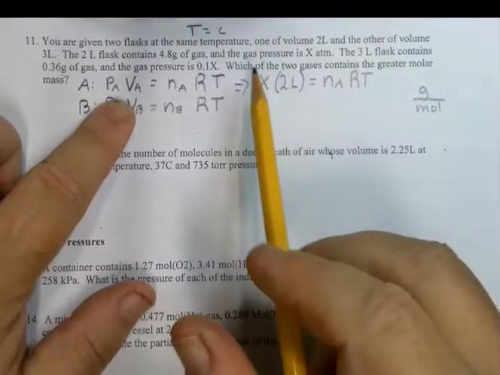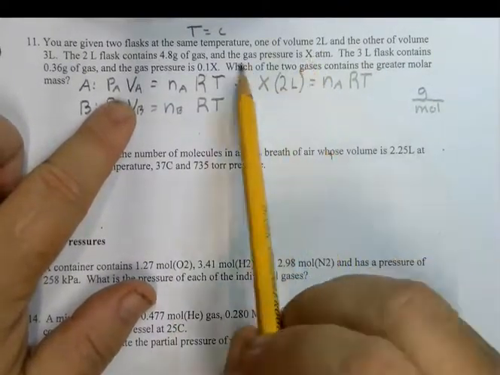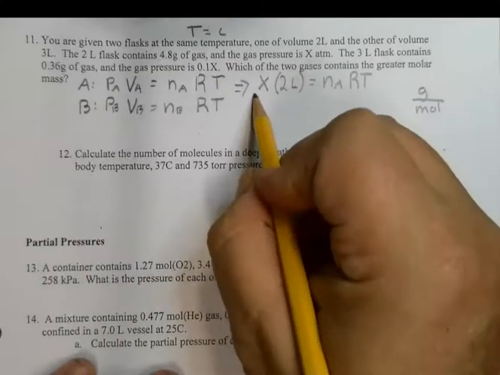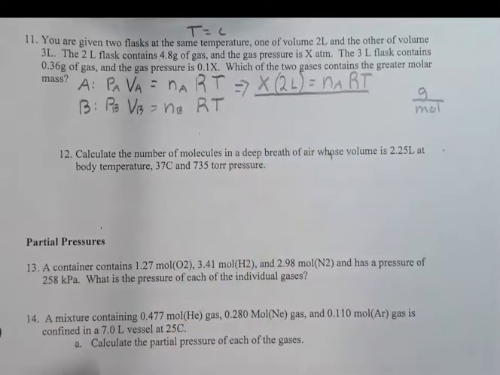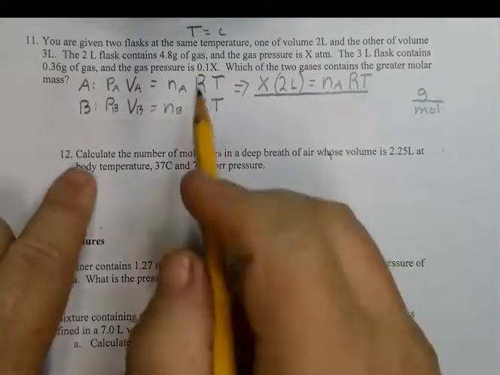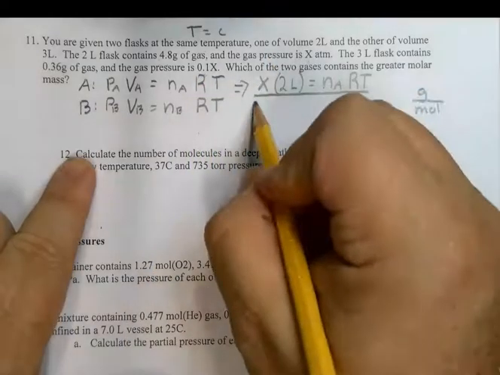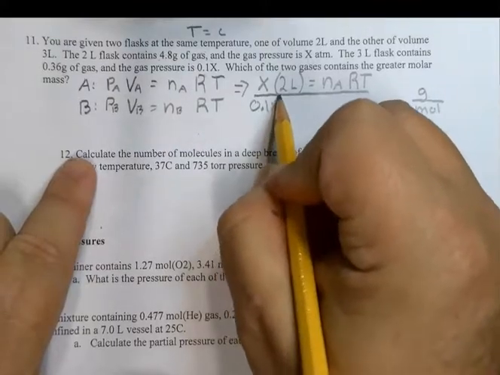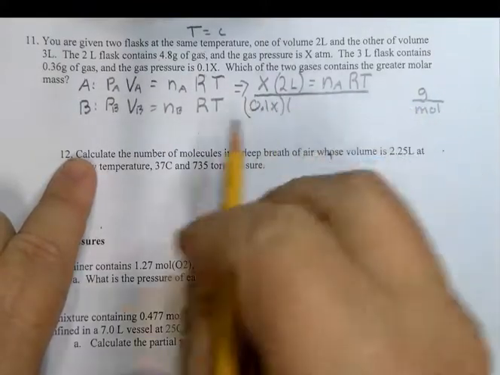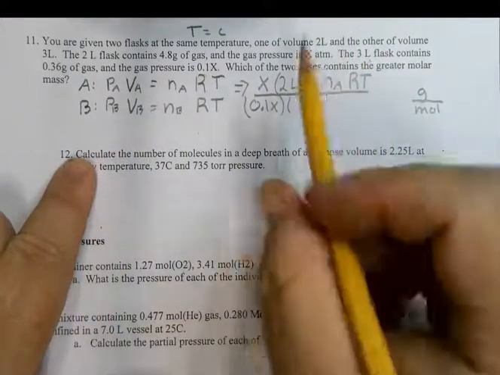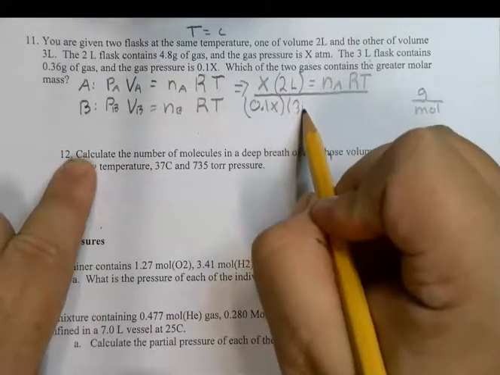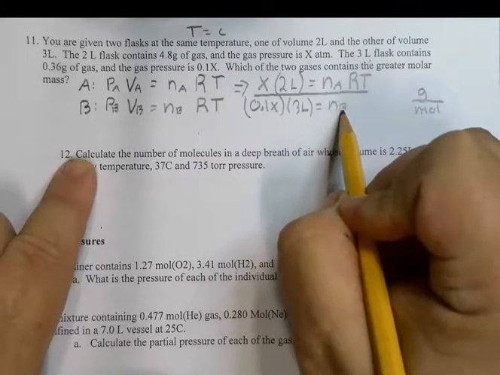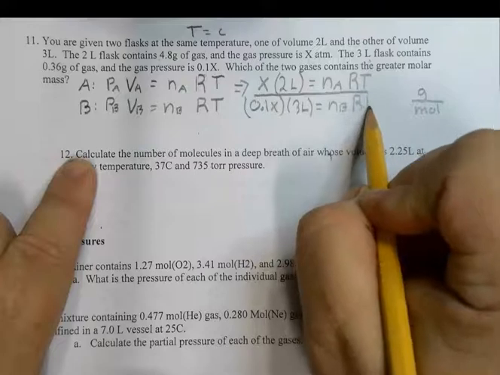Whenever you have a relative number of something, like this is X and this is 0.1X, but they don't give you specific numbers, you can often set up a ratio and get things to cancel out. For situation B, the pressure is 0.1X and the volume is 3 liters, and that equals the number of moles of B times RT.